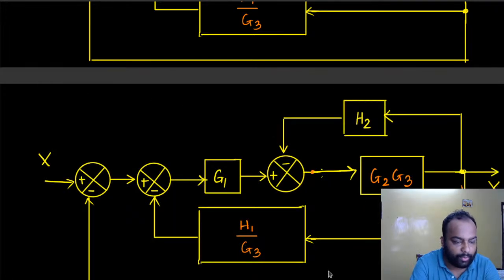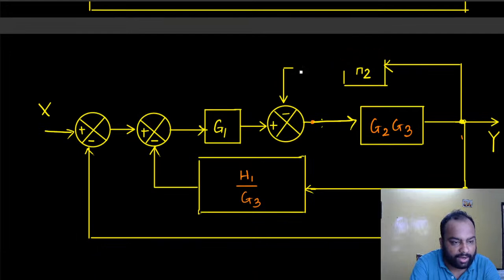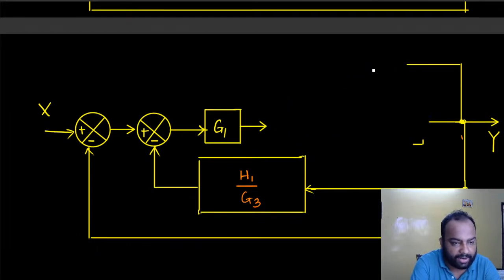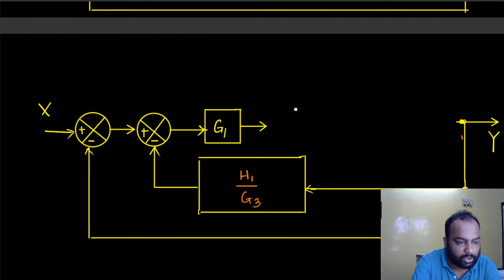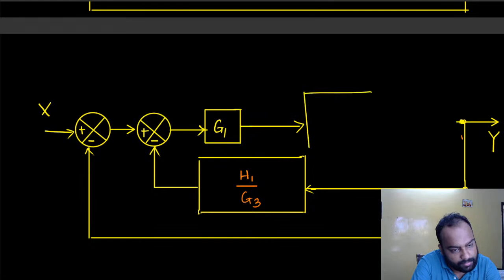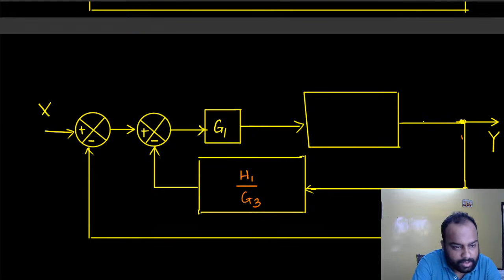What we are trying to do right now is eliminate this entire feedback loop and construct a single transfer function out of this. So we are drawing the equivalent of this feedback loop.